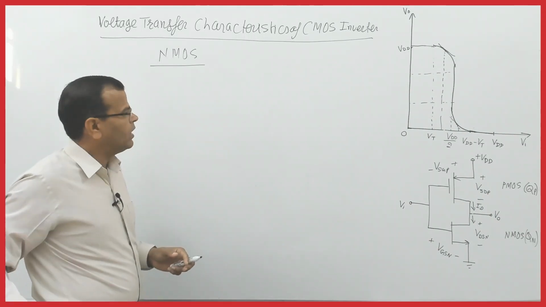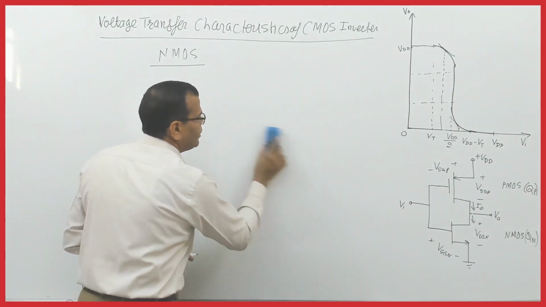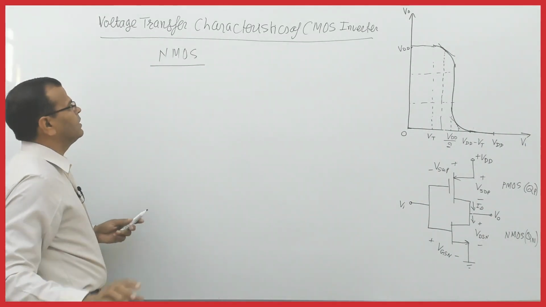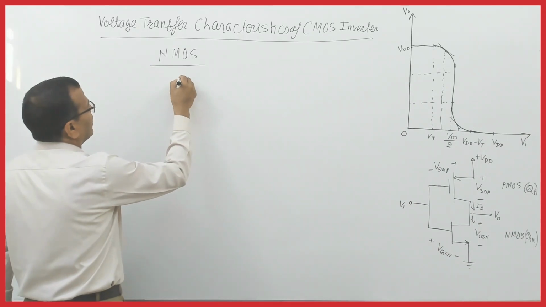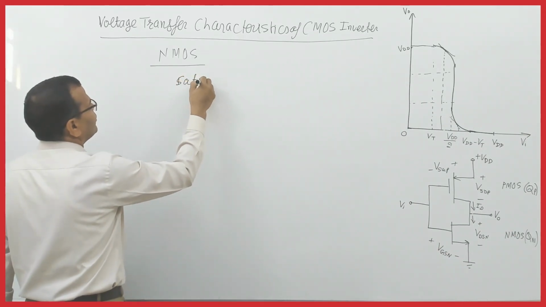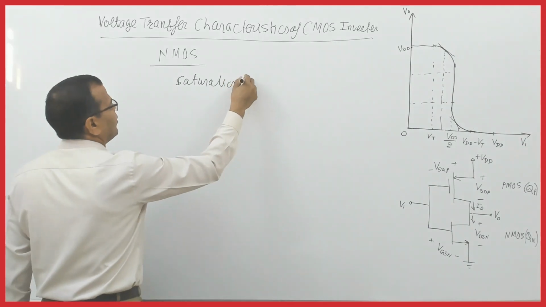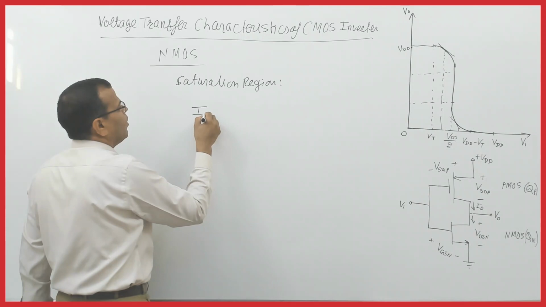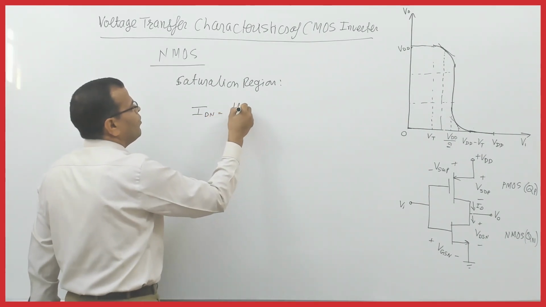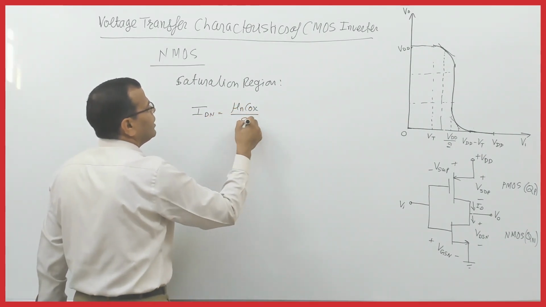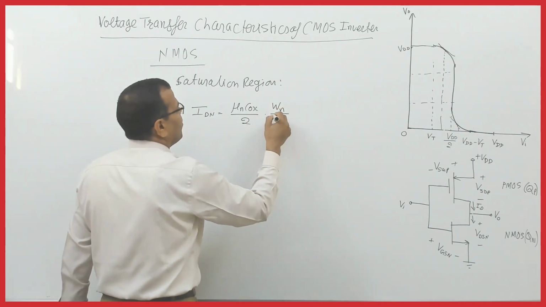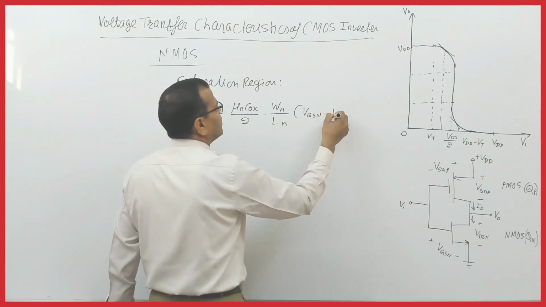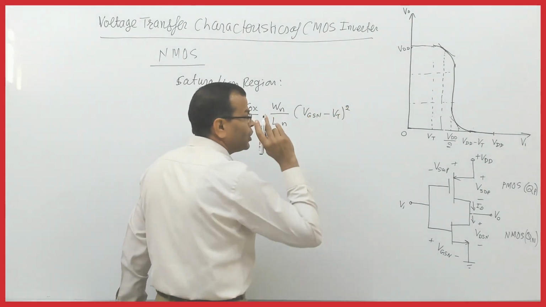So, in case of NMOS, for saturation region of operation, the drain current ID is given by mu n C naught x by 2 Wn by Ln into (VGSN minus threshold voltage) whole square.